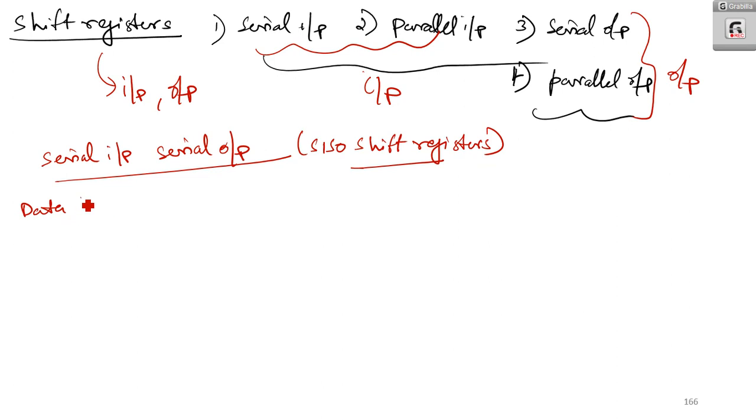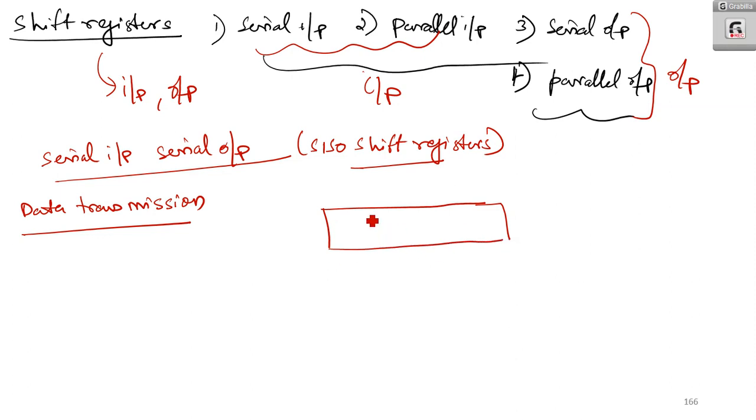I will just give a brief idea on that. Suppose I have four flip-flops, which I am representing by four square boxes. Data is coming in from here.